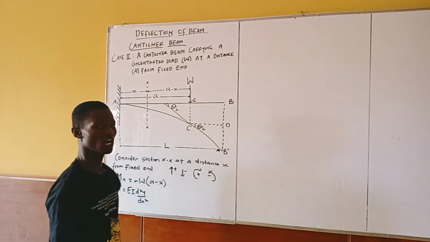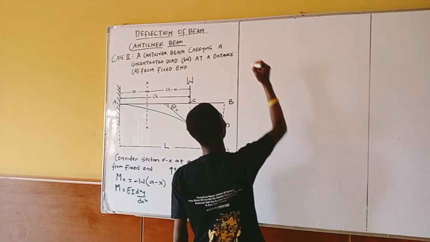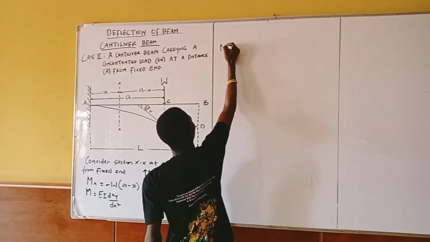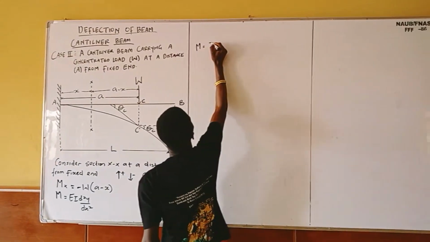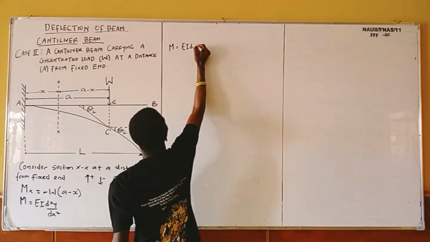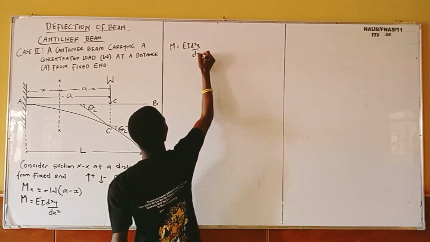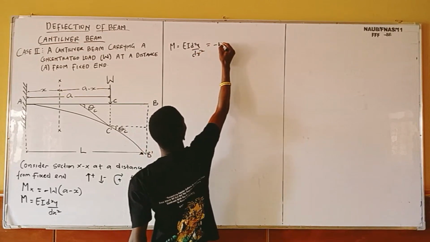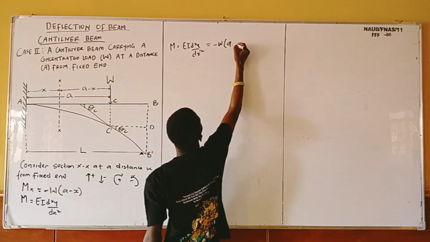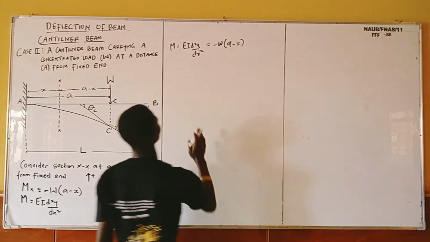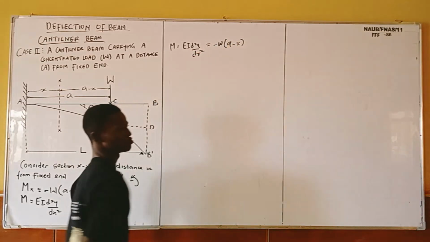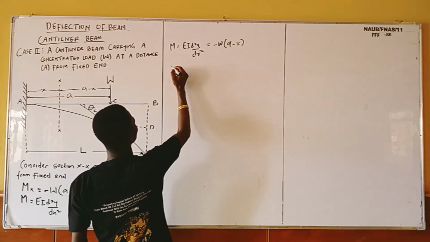I hope you understand. So we are now having our moment, EI d²y over dx², equals minus W(A minus X). So this one is equal to this one. Let me write it.